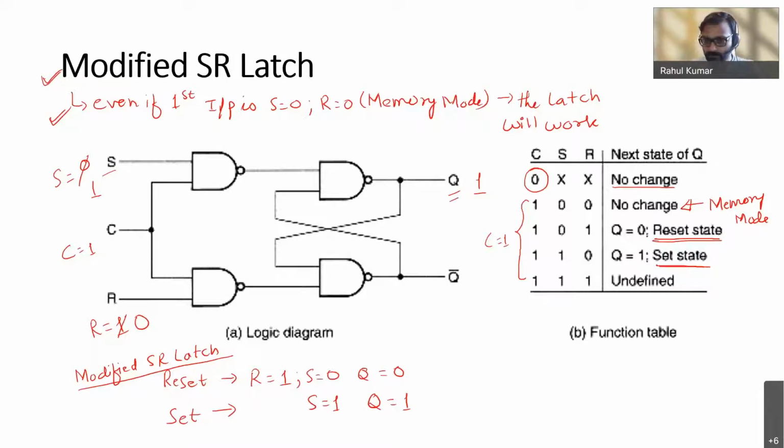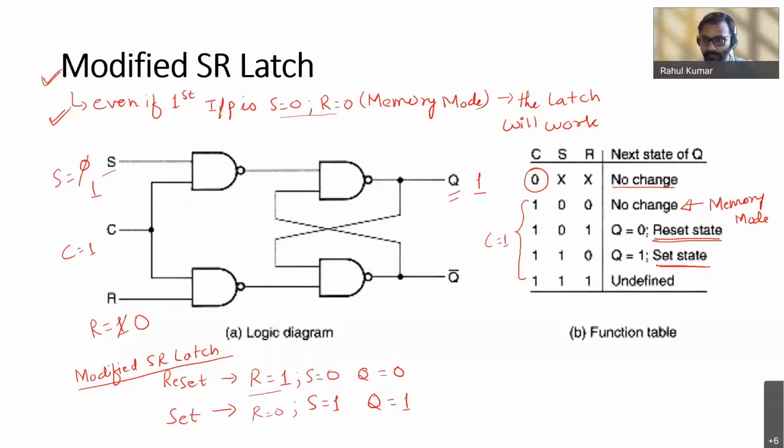So to set the latch, S input should be 1, and to reset the latch, R input should be 1. Right, so we have solved one of the problems, and we can use the memory mode as the first input.